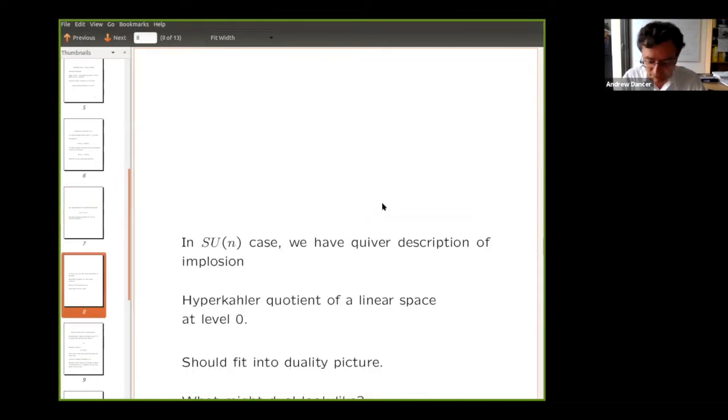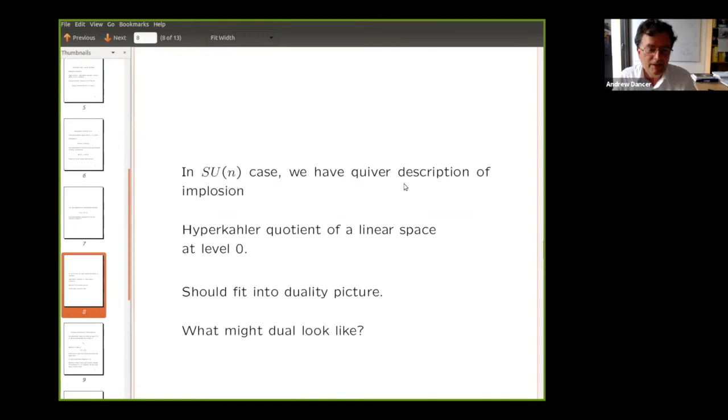Great, so that's a rather high level description of the implosion. In the SU(N) case, fortunately, we have a more down-to-earth description, and that's where the symplectic duality comes in. We do actually have a quiver description in the SU(N) case of the implosion.